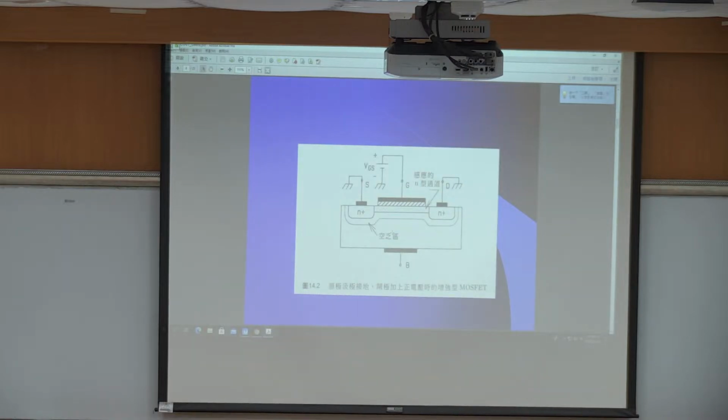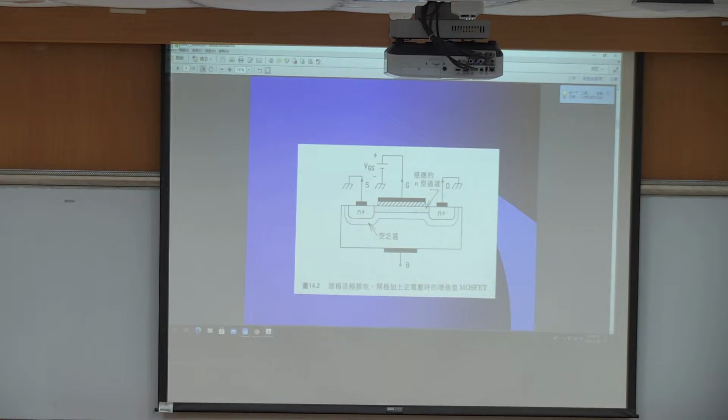This is how we induce the channel layer. We add a positive VGS voltage at the gate electrode, and the minority carriers in the P-type substrate will be attracted into the channel region, as we can see here.